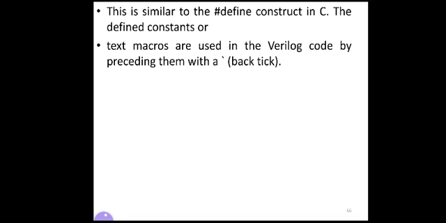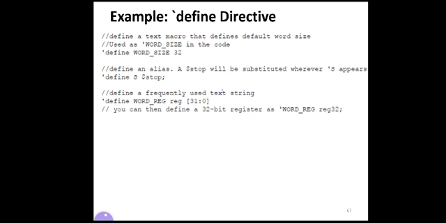This is similar to the #define construct in C programming. The defined constant or text macros are used in the Verilog code by preceding them with a backtick. So see here the example for the `define directive.